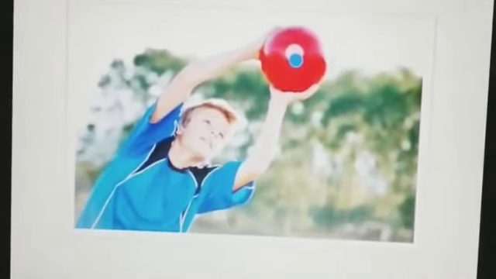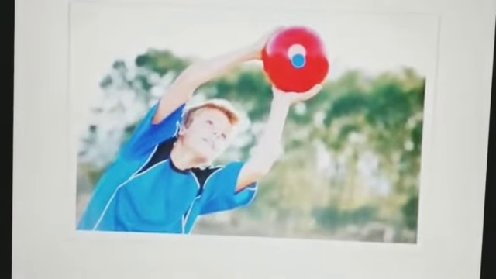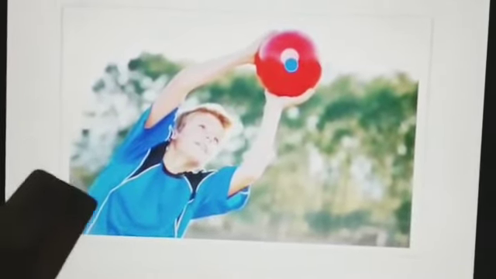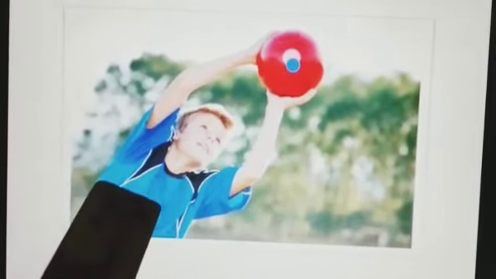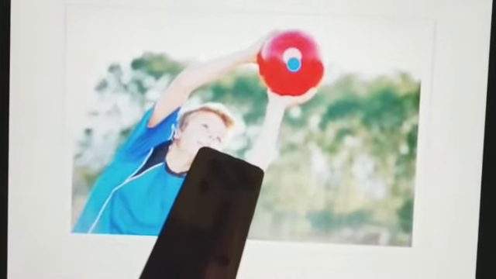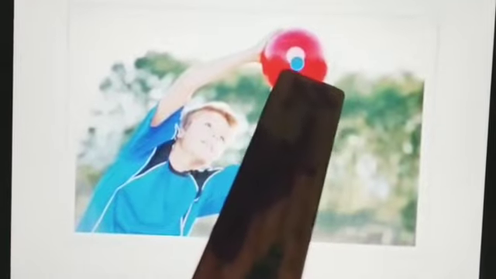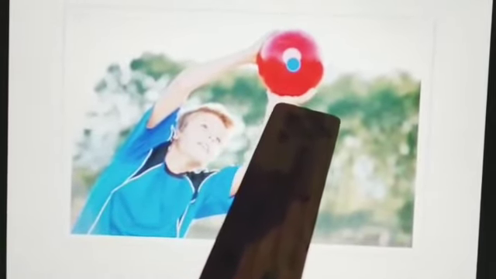Now we see some examples of action and reaction. In this picture you can see a boy is catching a ball. While catching a ball, the ball exerts a force on the palm of the boy.